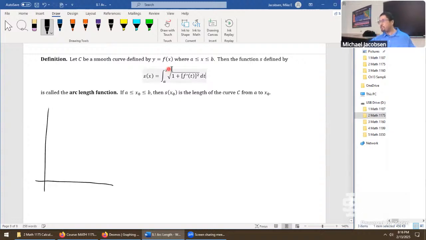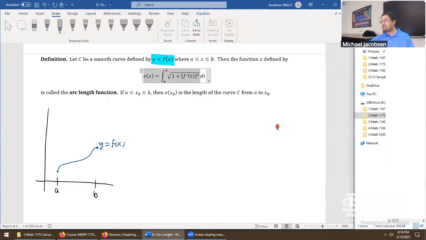So a visualization of what's going on here is we have a curve y equals f of x defined from a to b. So here's the a, here's the b, here's the function. But then we define a new function, an integral function, just like in the statement of the fundamental theorem of calculus, s of x integrates from a to x.